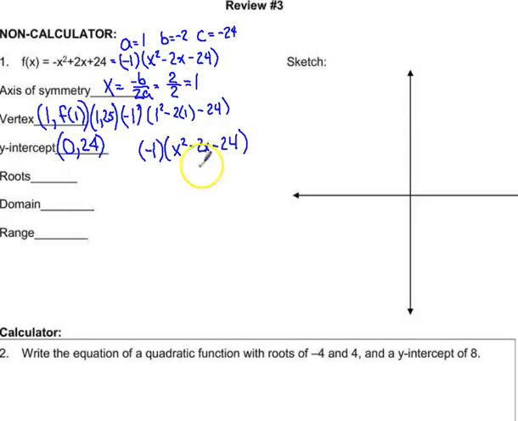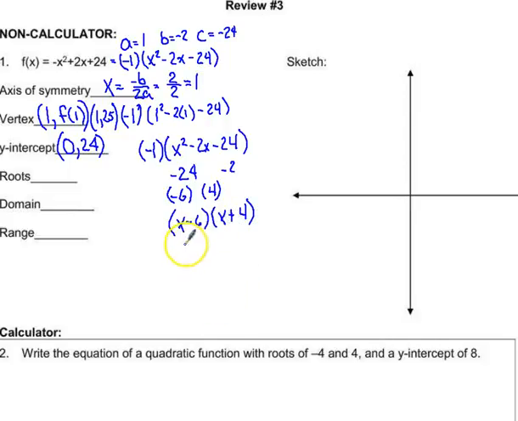So our factors of -24 that add up to -2 are going to be -6 and +4. All right, -6 plus +4 gives us a -2, and a -6 times a +4 gives us a -24. Therefore, our factors are x minus 6 and x plus 4.